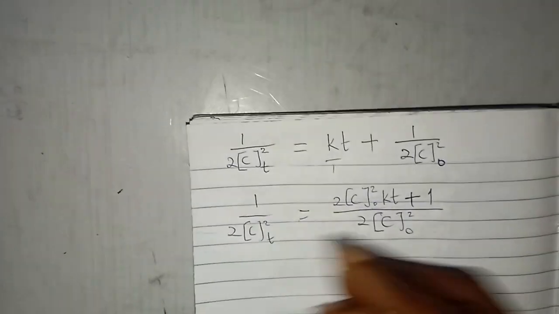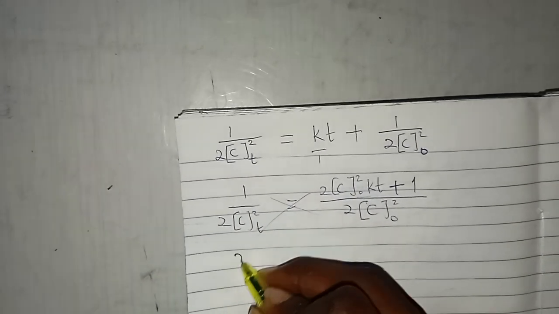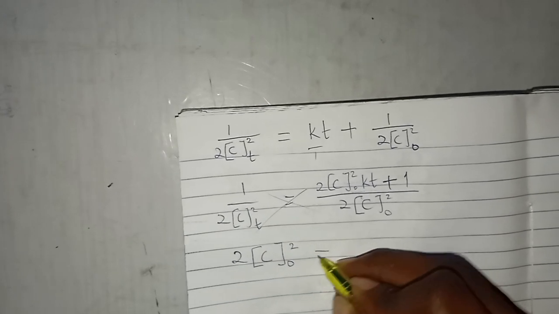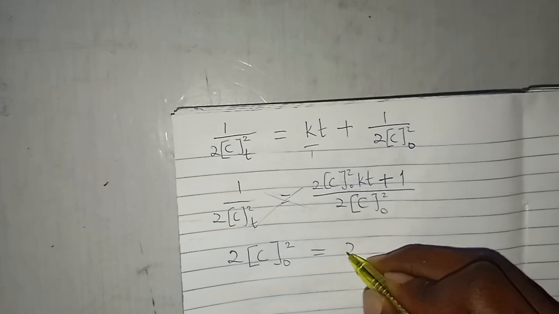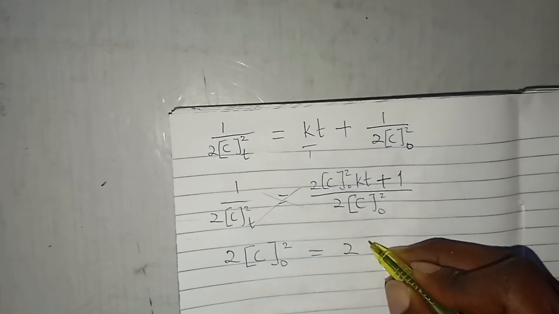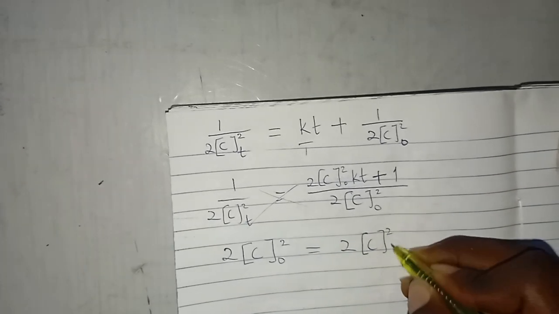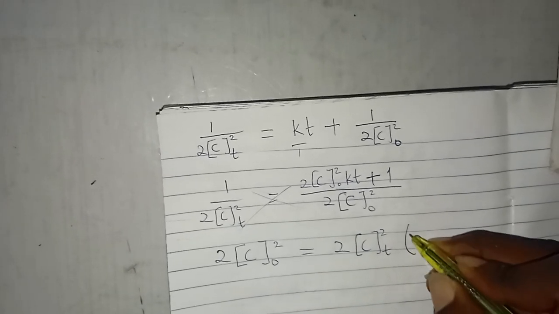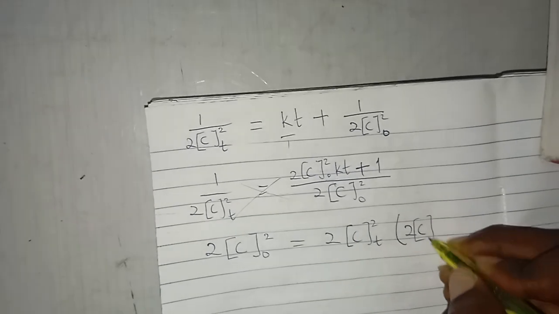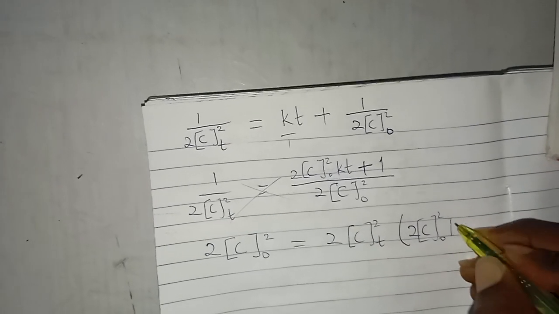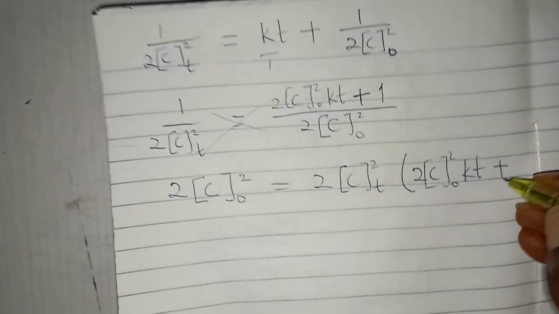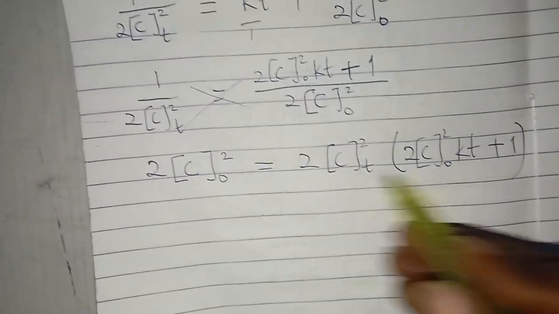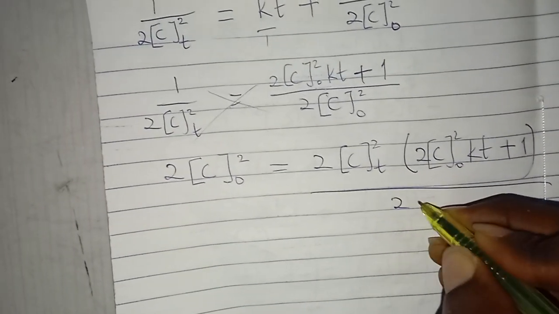So you see that we can cross multiply, so that we now have 2 initial concentration square is equals to 2 c square t multiplied by 2 c square initial kt plus 1. Since we want to make this subject of the formula, we divide both sides by this.